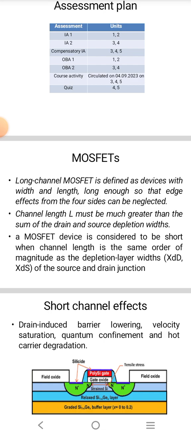Here we define the terms long channel MOSFETs and short channel MOSFETs. This is spoken with respect to the length of the channel. All of us know the channel is the separation between the source and drain terminals. Long channel MOSFETs are the concepts that we studied in CMOS VLSI design.